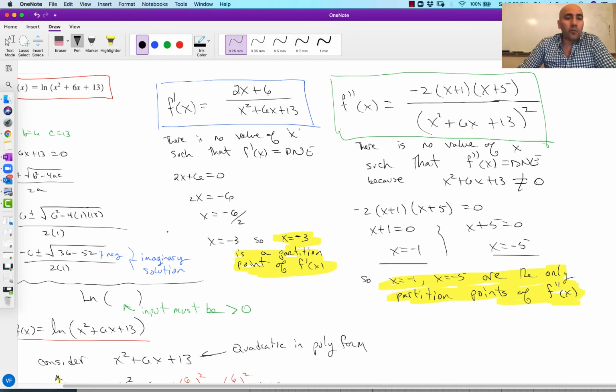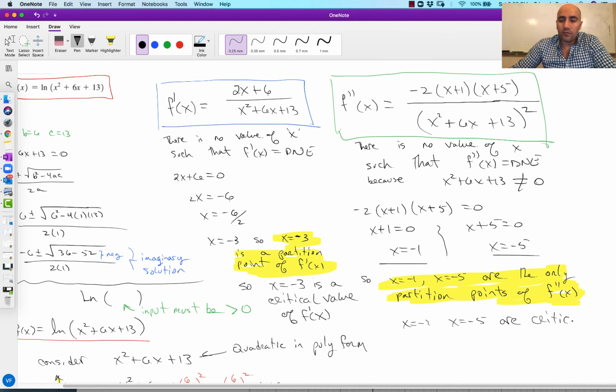But now that we know the domain is all real numbers, we can upgrade these points to say that they're critical values. So x equals negative 3 is a critical value of f prime of x. And we can say that x equals negative 1 and x equals negative 5 are critical values of the second derivative.